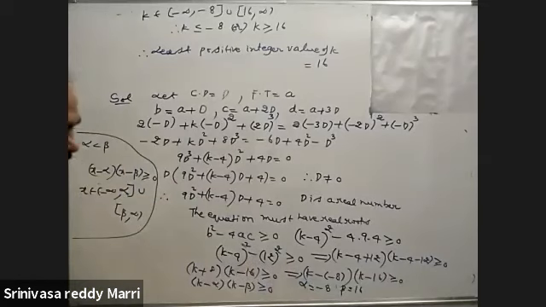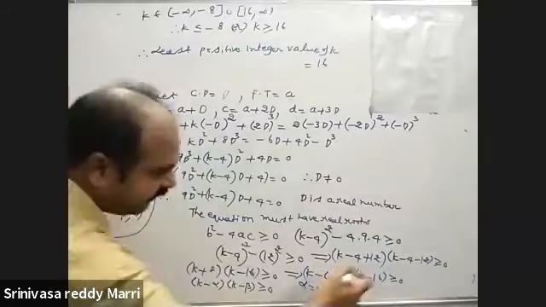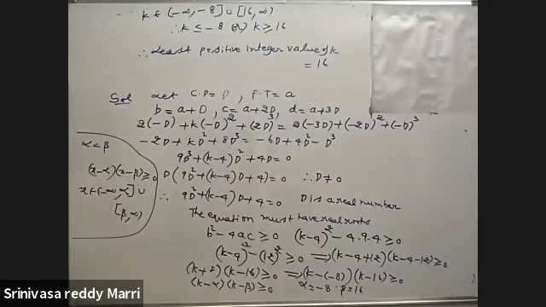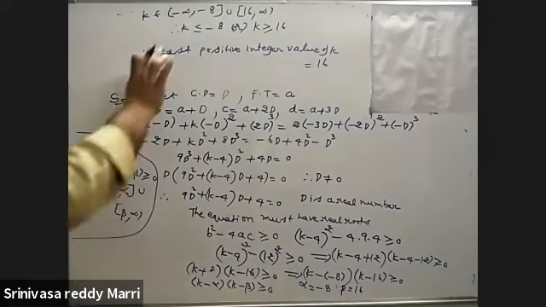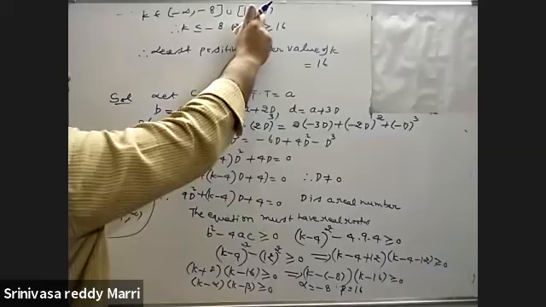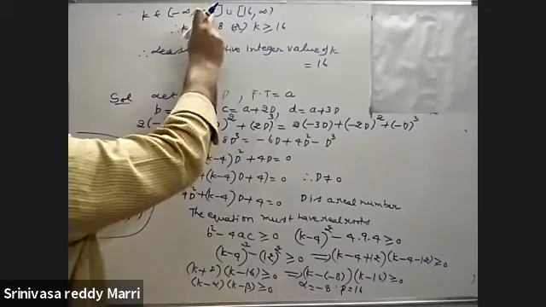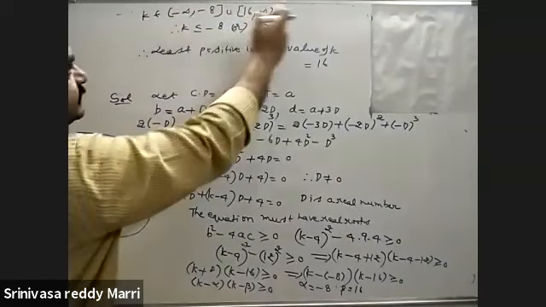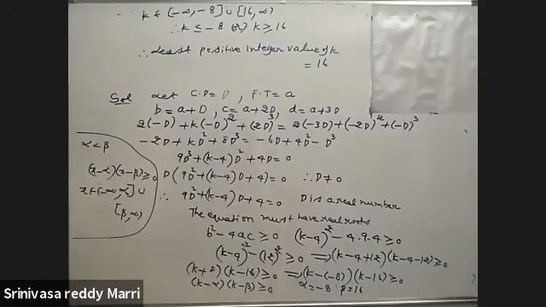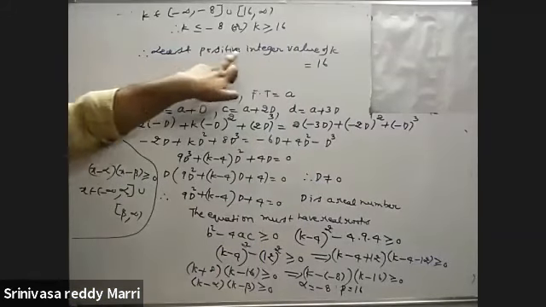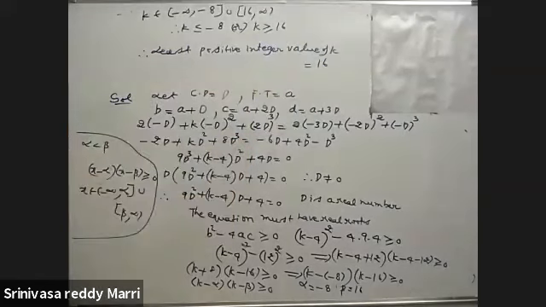Of course, here k is there, in k minus alpha into k minus beta. So the formula is: greater than or equal to 0 means minus infinity comma alpha union beta to infinity. In class I told. So this means k less than or equal to minus 8 or k greater than or equal to 16. Least positive integer value is 16. That is the answer. Like that the approach will be.